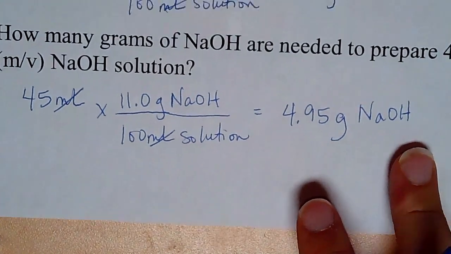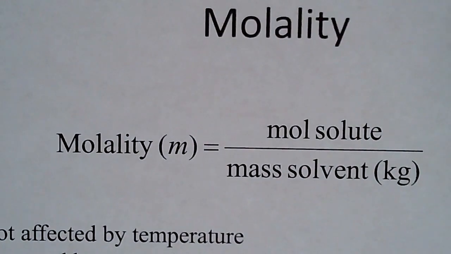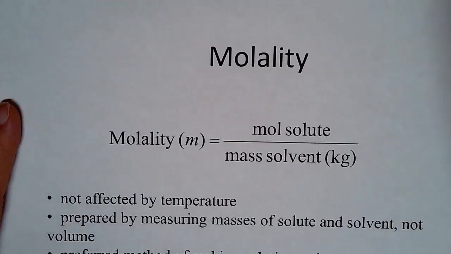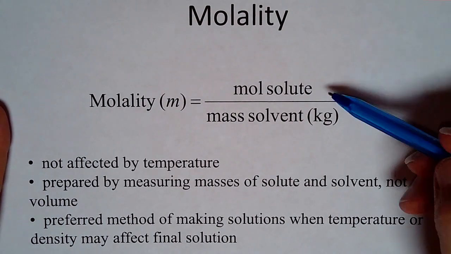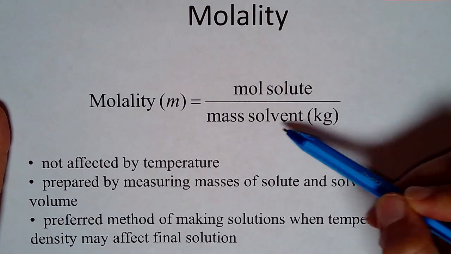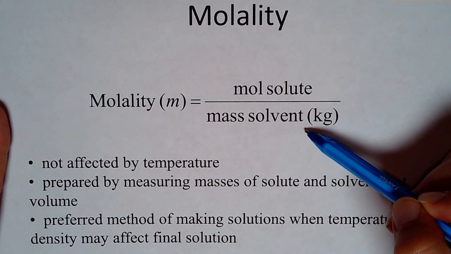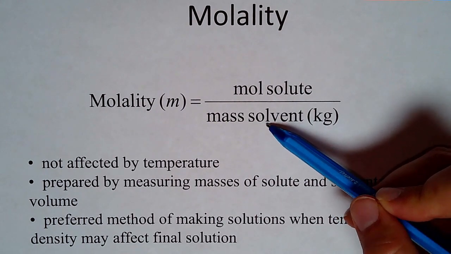Alright, the third type of solution concentration is molality. Molality is similar to molarity. We have moles of solute on the top of the ratio, but on the bottom we have mass of solvent instead of solution. It's not measuring volume, it's still looking at mass.